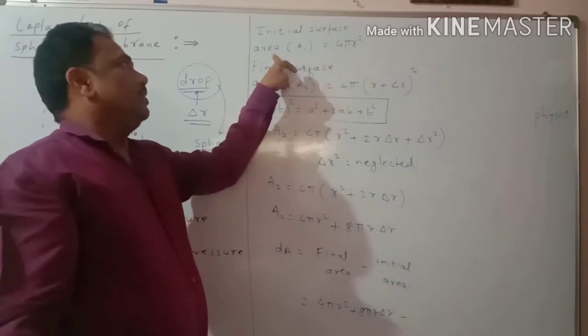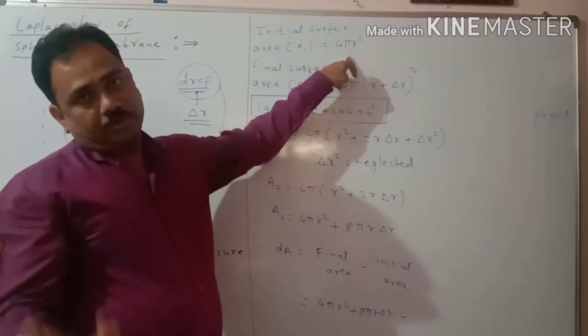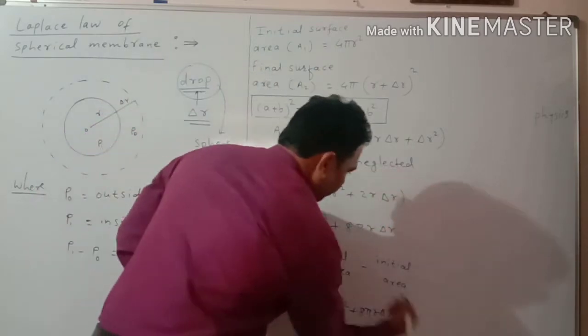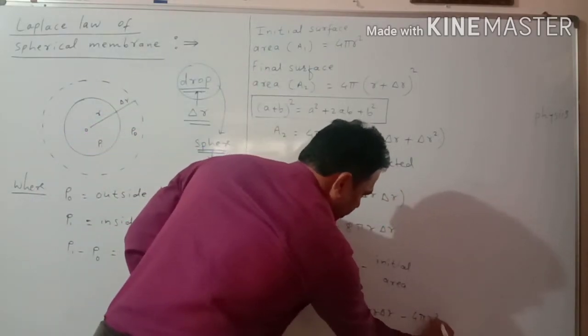What is the initial area of the liquid drop? 4πr², due to the spherical shape. So minus 4πr².